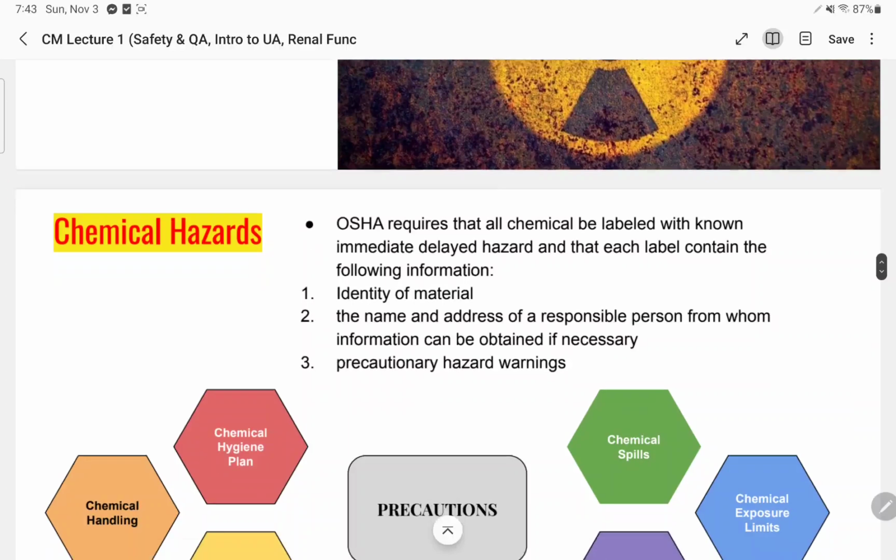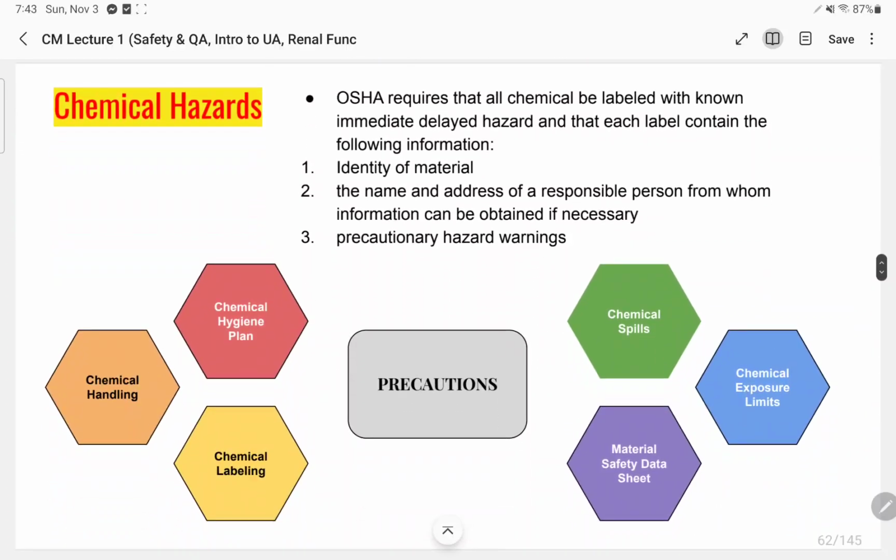Okay? Chemical hazards. So, chemical hazards, according to OSHA, OSHA requires that all chemicals must be labeled with known immediate and delayed hazards. Dapat, according to OSHA, naay label kung unsa ang immediate and delayed hazard nga maka-cause ana nga chemical.